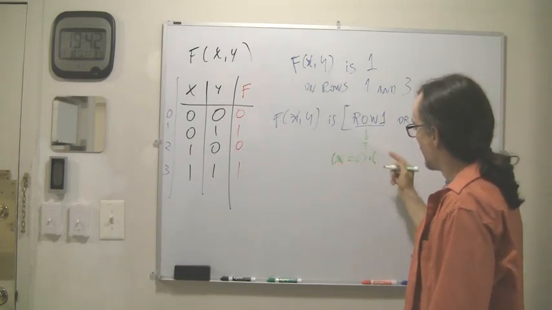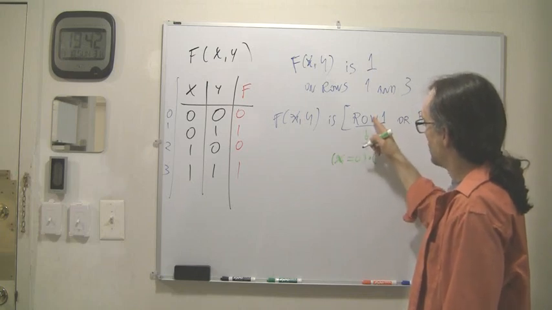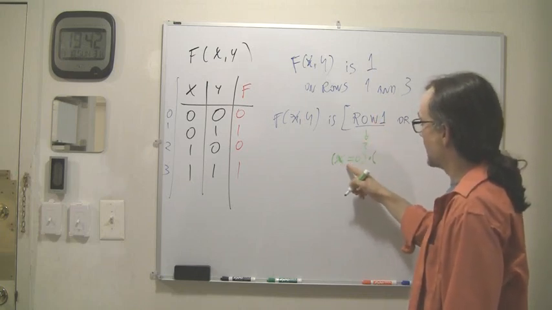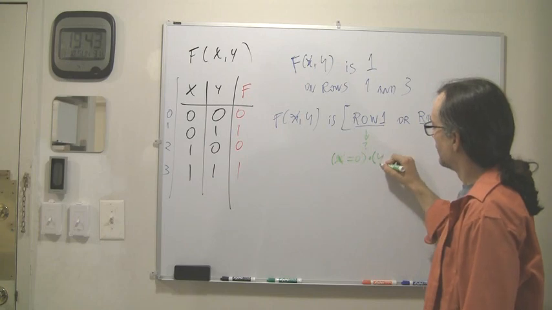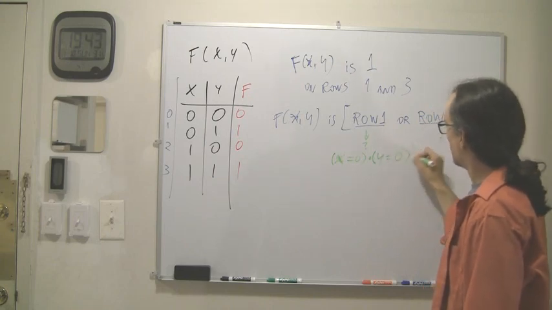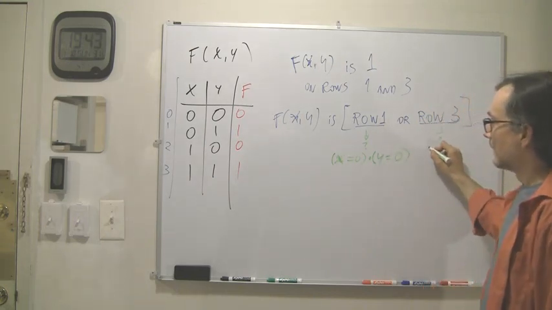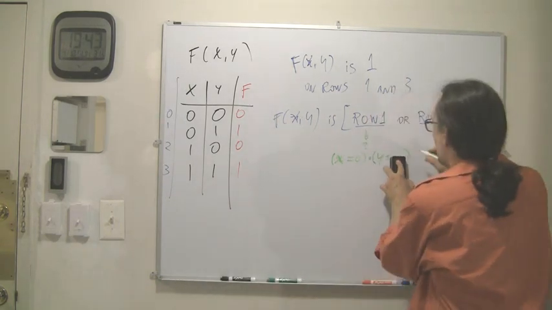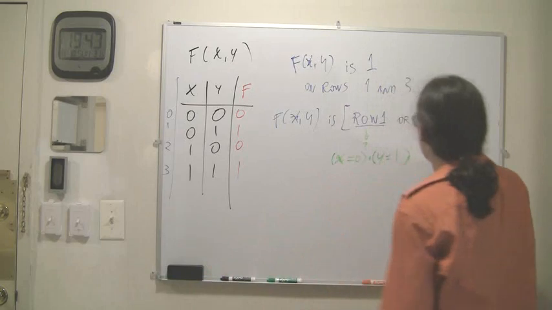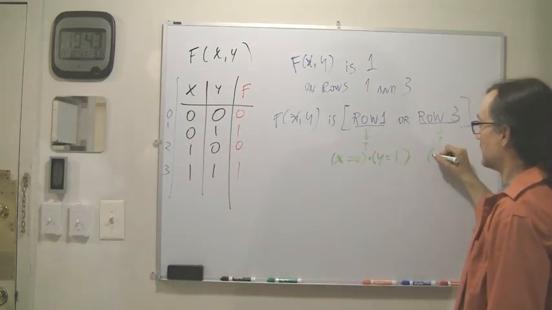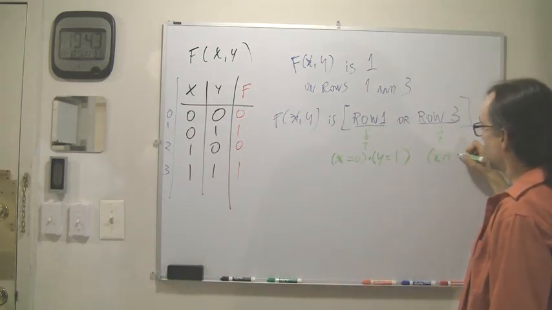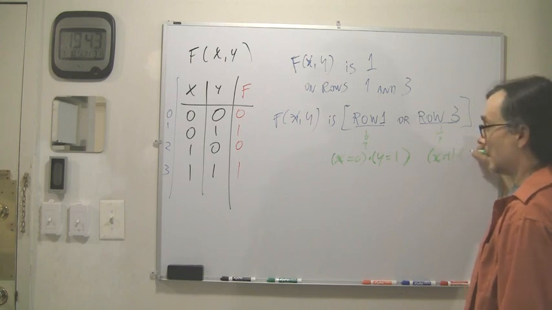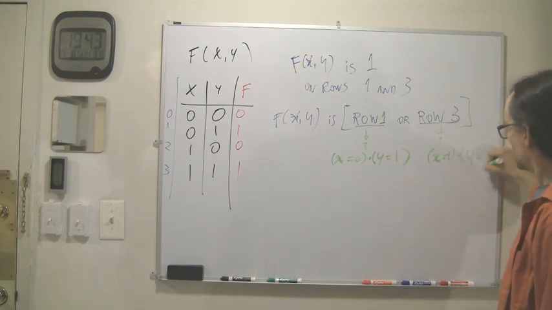So I could write it like this. Row 1 can be encoded as x equals 0 and y equals 1. And row 3 can be encoded as x equals 1 and y equals 1.